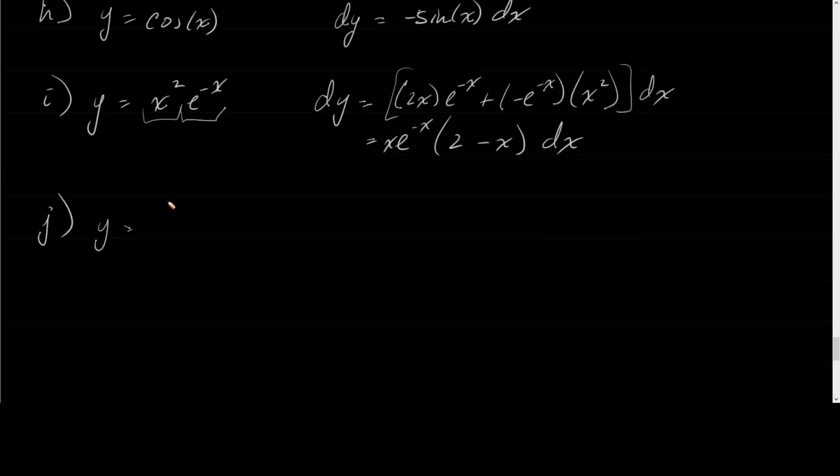If I had y equals 1 over x squared, that's the same thing as saying x to the negative 2. So our dy would be negative 2x to the negative 3 dx, which I can rewrite as negative 2 over x cubed.